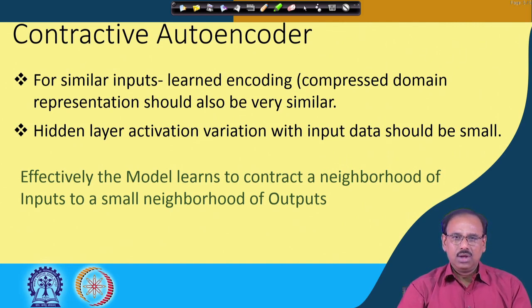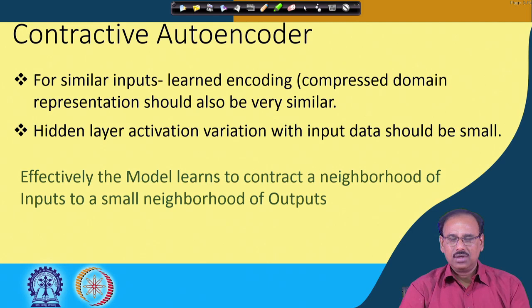Okay. So, by doing this, what such a model, the contractive autoencoder, learns is to contract a neighborhood of input to a small neighborhood of output, right. So, as similar inputs are encoded in a similar way, and when you decode that, the decoder output will also be very, very similar.